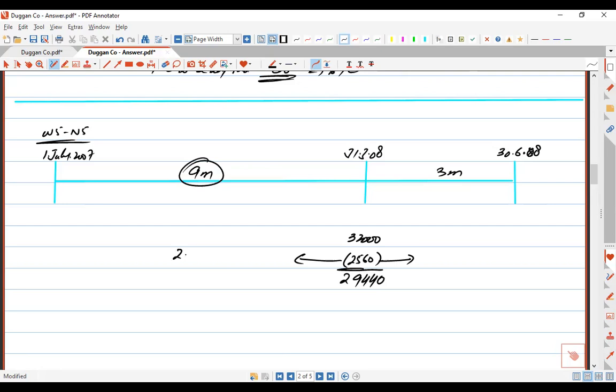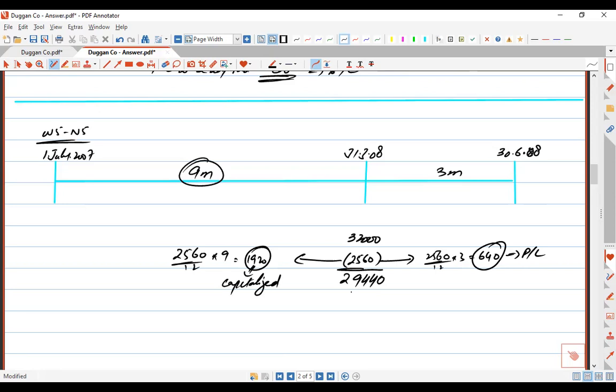So 2560 divided by 12 into 9 months gives 1920. For the 3 months, 2560 divided by 12 into 3 months gives 640. So this 640 would be a charge to P&L and this 1920 would be capitalized.